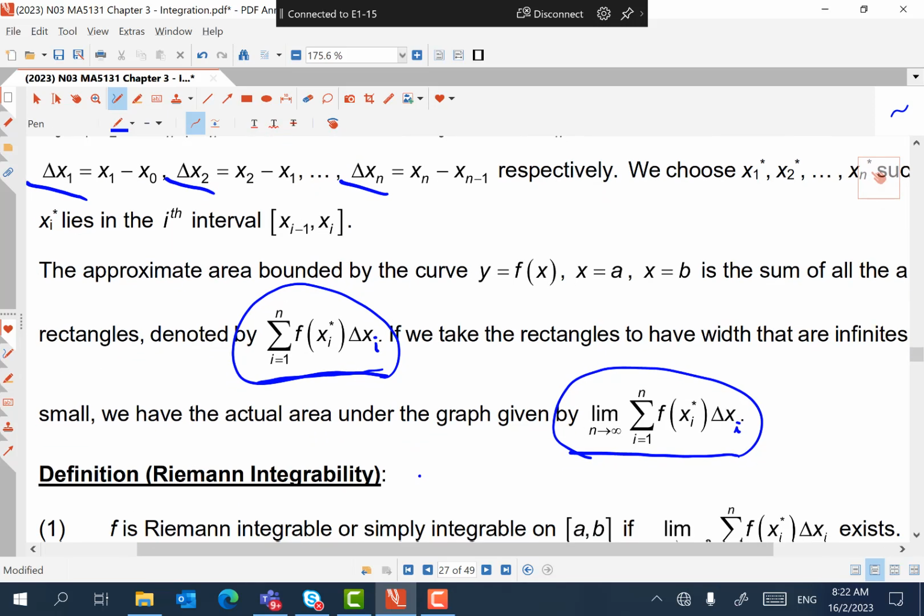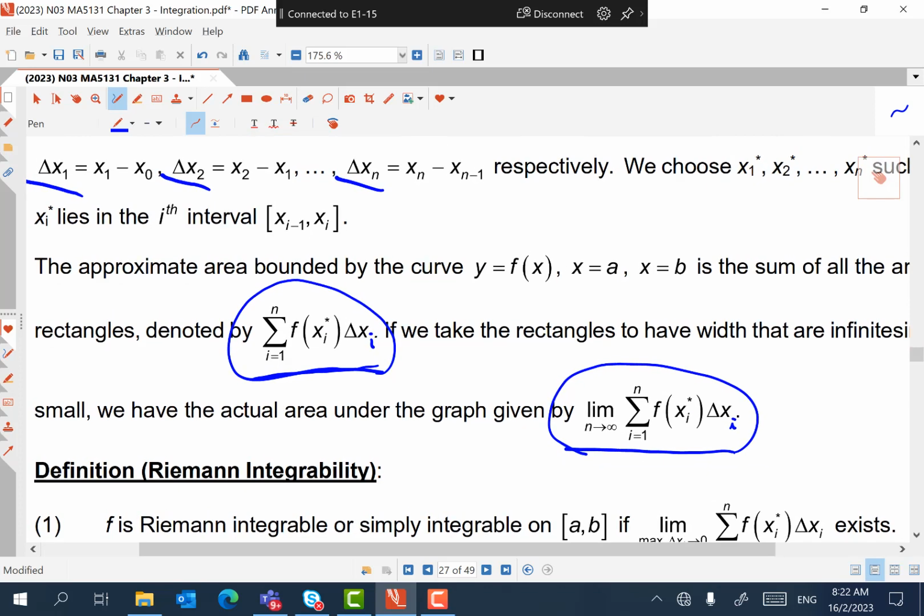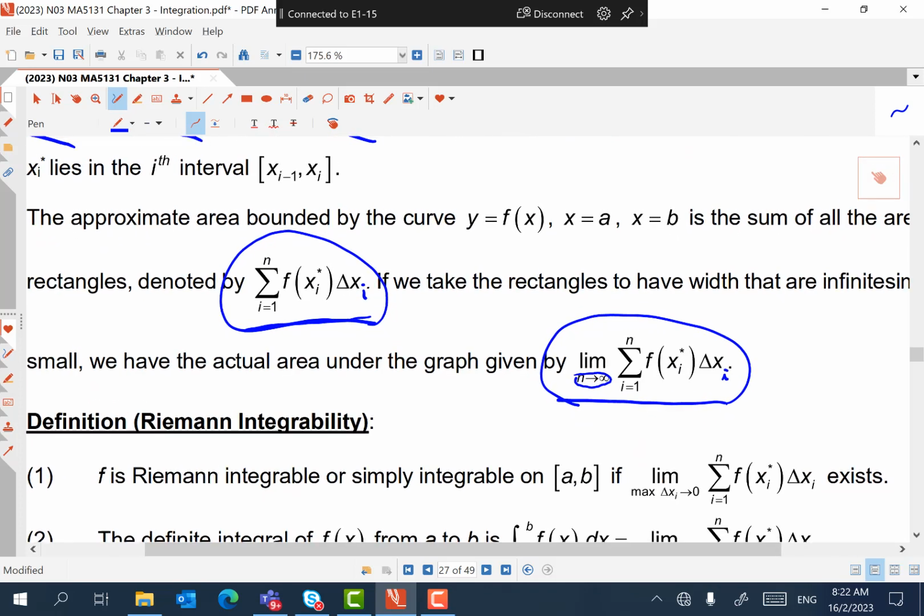There is something that I need to correct. There's a little bit of an issue here. This one needs to be corrected as this. Can you see this? There are some errors. It's not n to infinity.